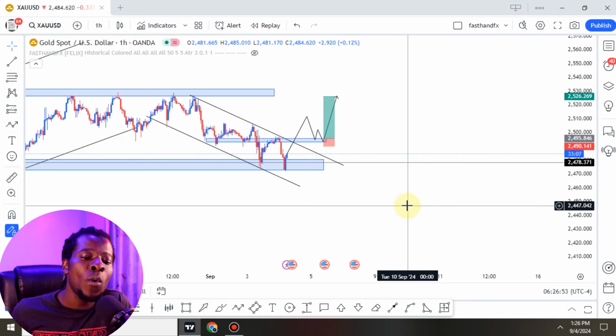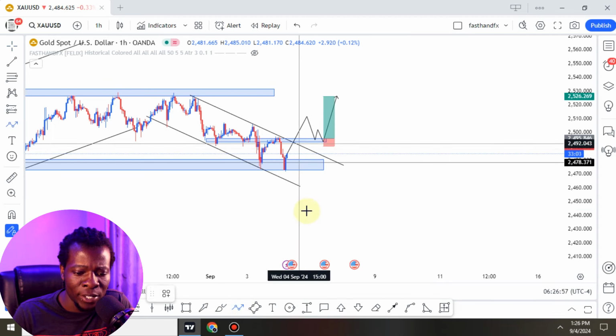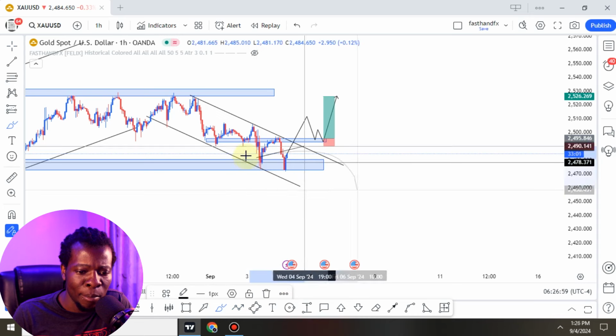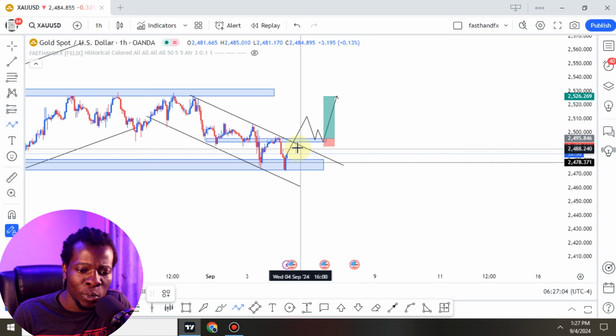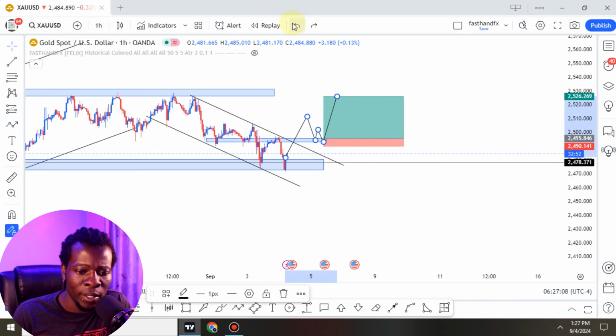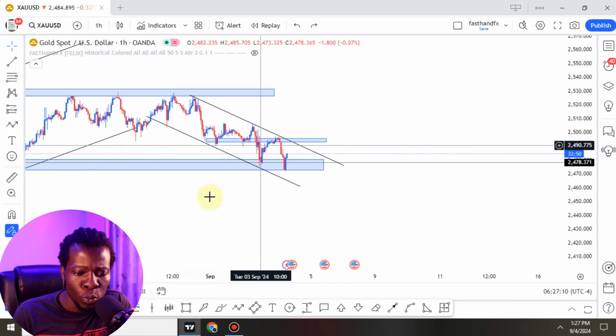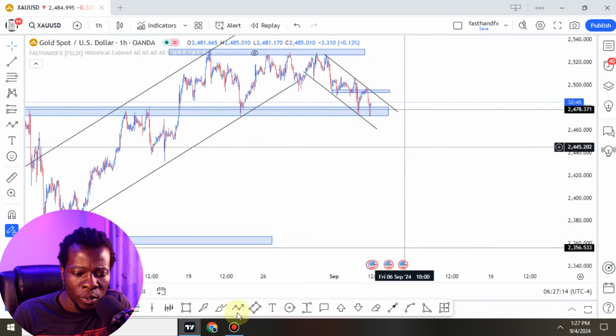But if we want to continue seeing sells, remember we need to see price taking out this support level right there, and then make sure the market retests that level. This is what I'm saying. Let me just delete this. Make sure the market takes out this low, something like this.